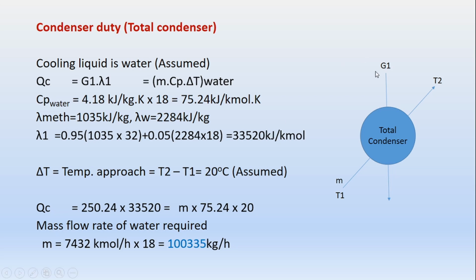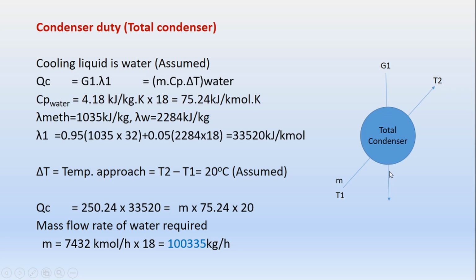Okay. So this G1 comes to this condenser. This is the gas rate coming from the topmost stage in the column. Okay. And the latent heat of this vapor is completely removed, and this is converted to a saturated liquid. So the vapor flow rate is G1 kilomole per hour.